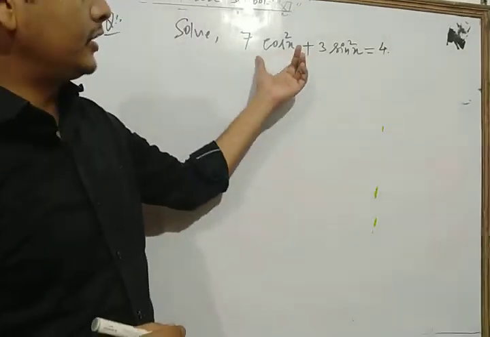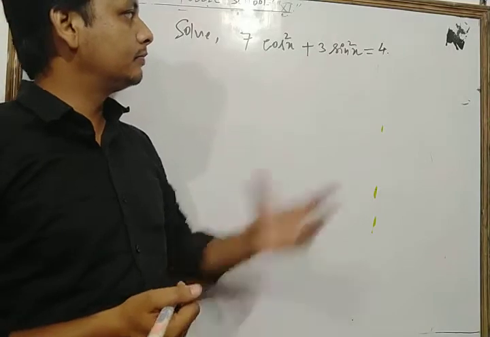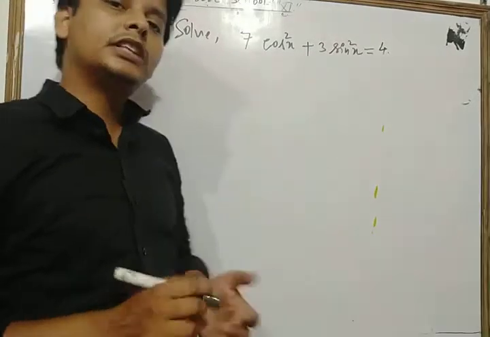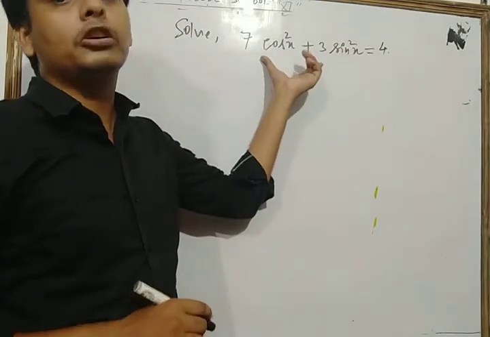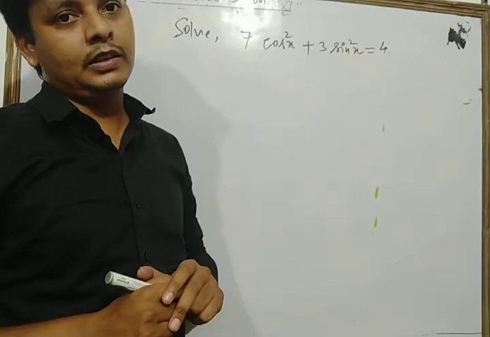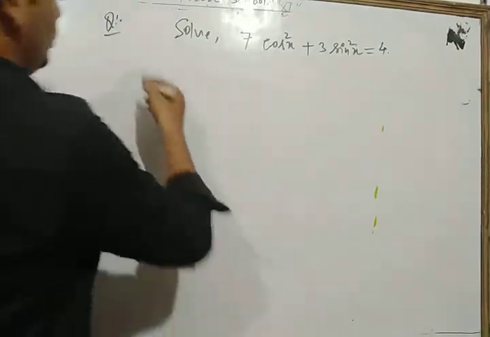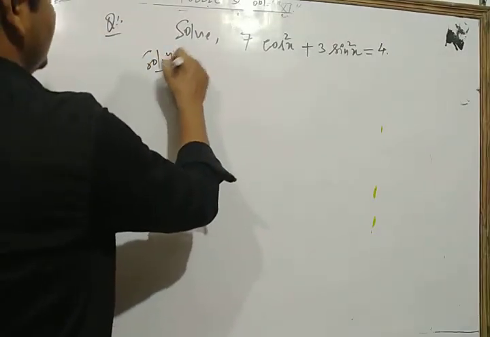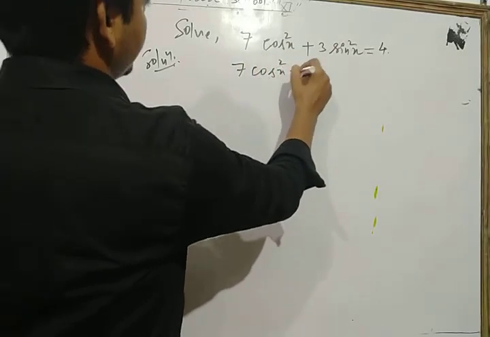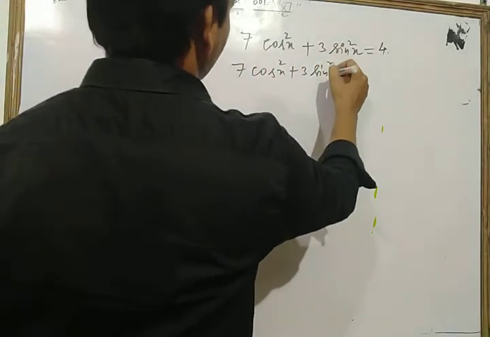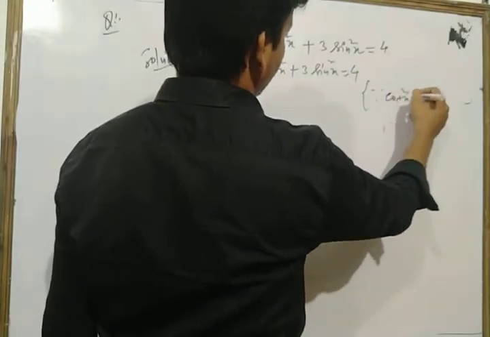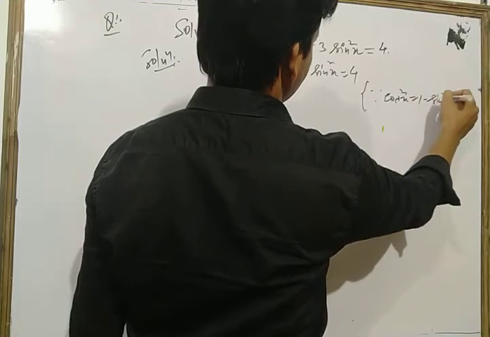Now let's see. First, we convert that trigonometric equation into the same trigonometric function. First we write 7 cos square x plus 3 sin square x is equal to 4, and we know that cos square x is equal to 1 minus sin square x.